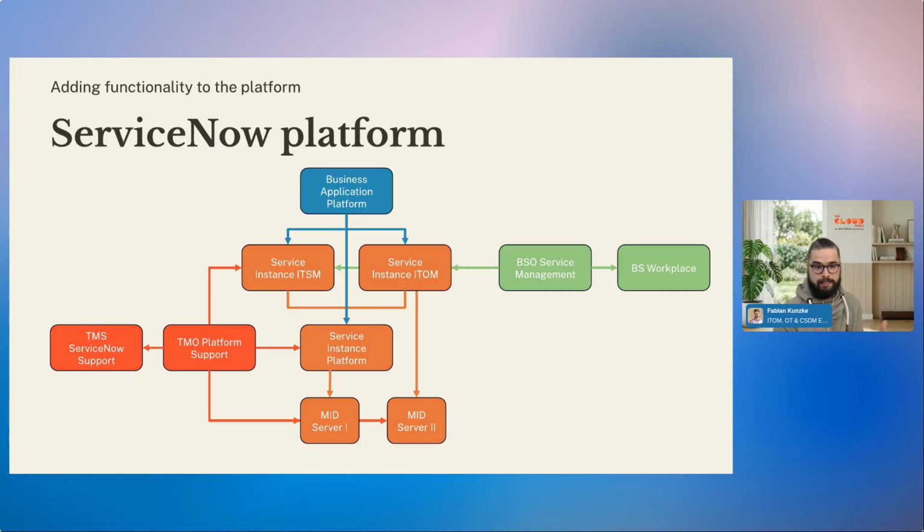So in this case, we have ITOM and ITSM. And ITOM can fail independently from ITSM because, and I hope you follow that best practice, if you don't, please do, you have a separate mid server for your ITOM integrations and for discovery. So you have at least two mid servers now. And both, again, depend on your service instance platform.